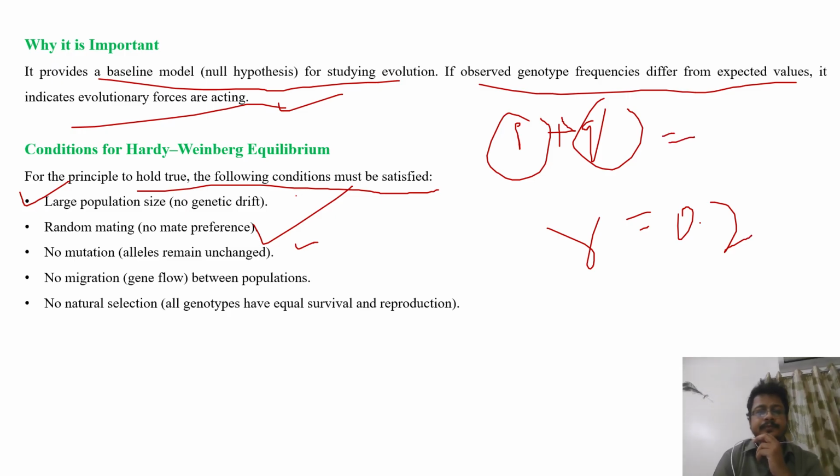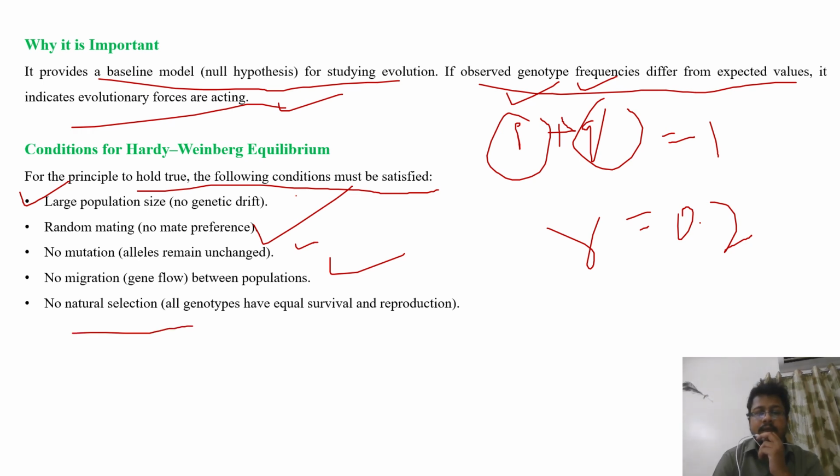There should be no migration, because migration can lead to the founder effect or bottleneck effect, and this will also disturb the allele frequencies. In that case, P plus Q won't be 1, so Hardy-Weinberg equilibrium can't be true.